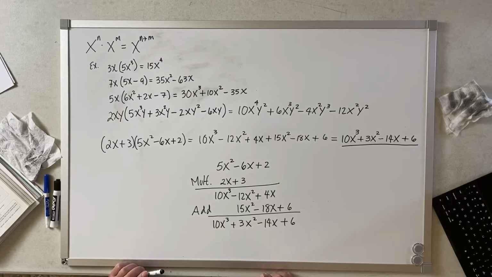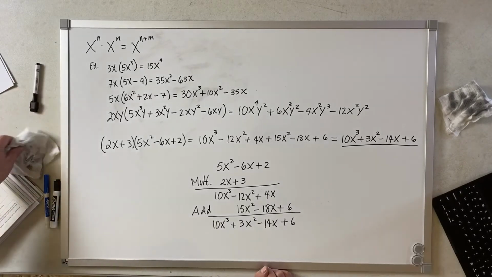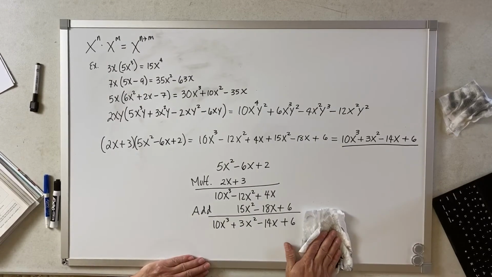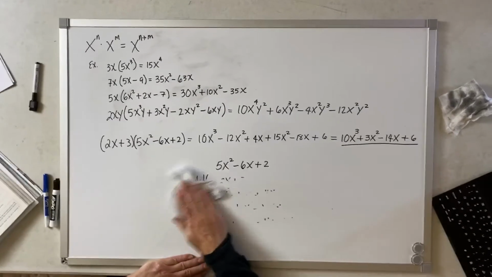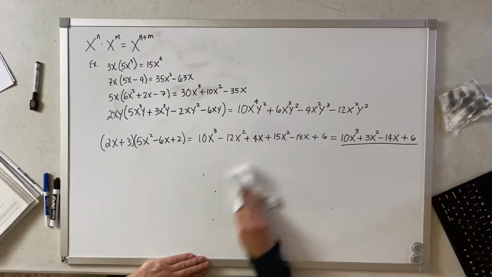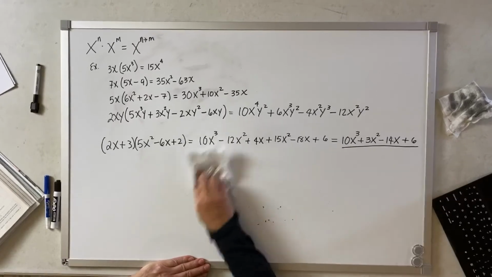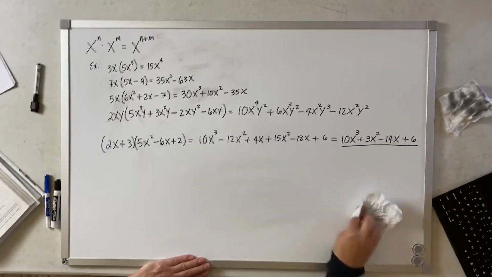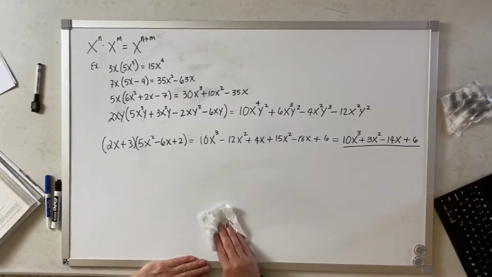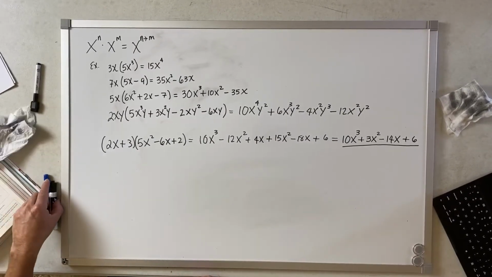All right, let's do another one. But I have to erase this, everybody. Gotta erase this real fast. Okay, so here we go. Let's do another one. Let us multiply.